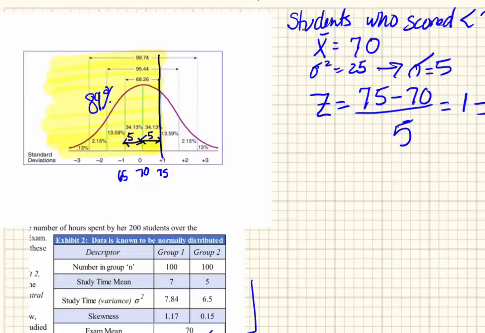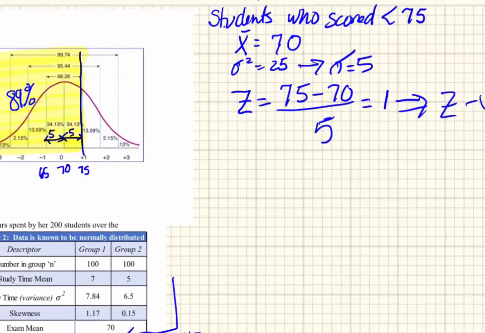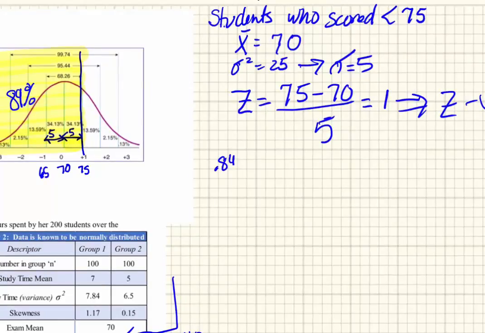From there I either asked you the percentage or I asked you the number of students. So we now know we have 84%, and we can then either answer 84%, which is just plain old 84%.